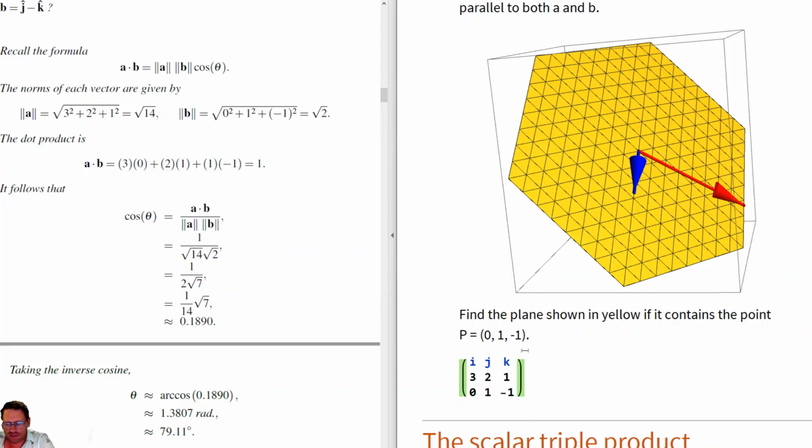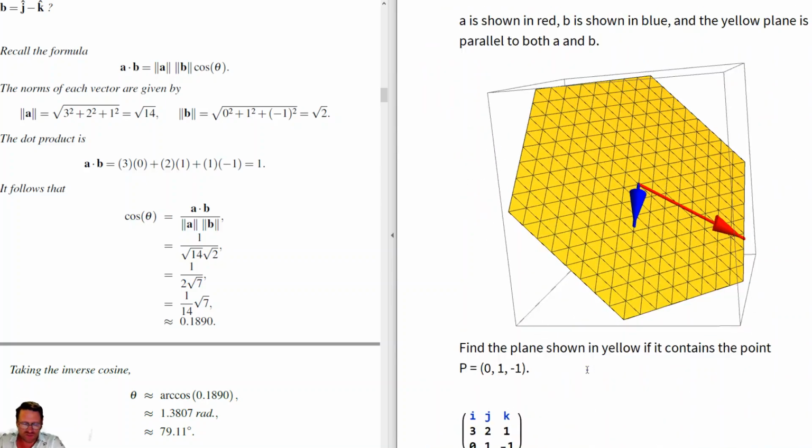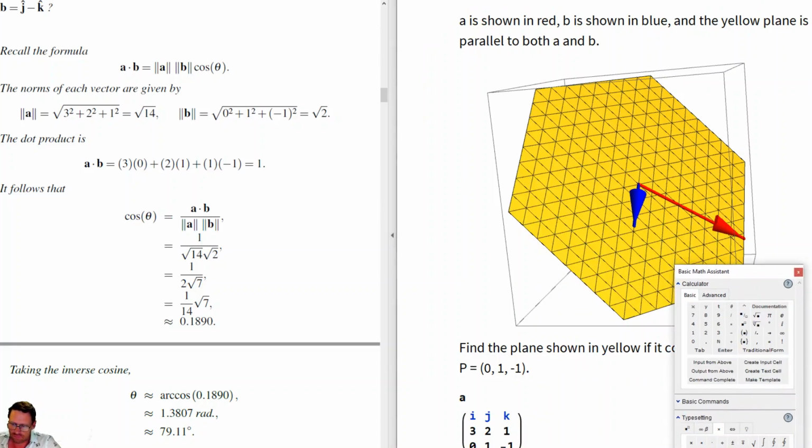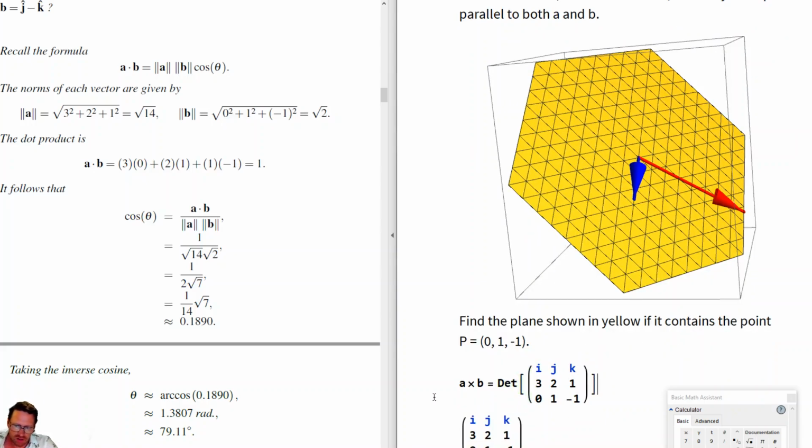So I'll write some English here. So A cross B, and we use the times sign for the cross product, remember. So this is given by the determinant of this matrix. Okay, I'm going to make this a comment on my page here so that I can calculate in this window.